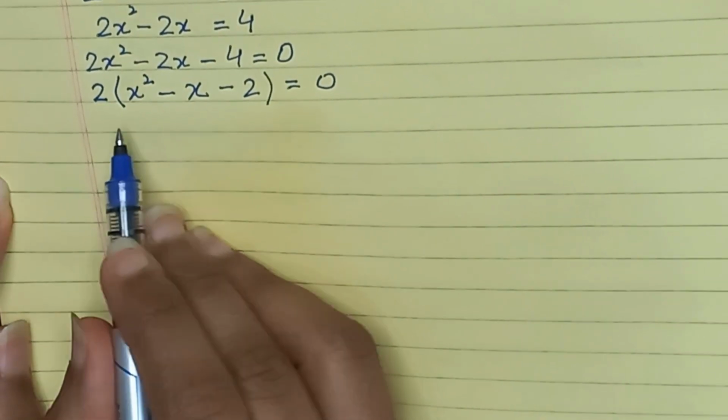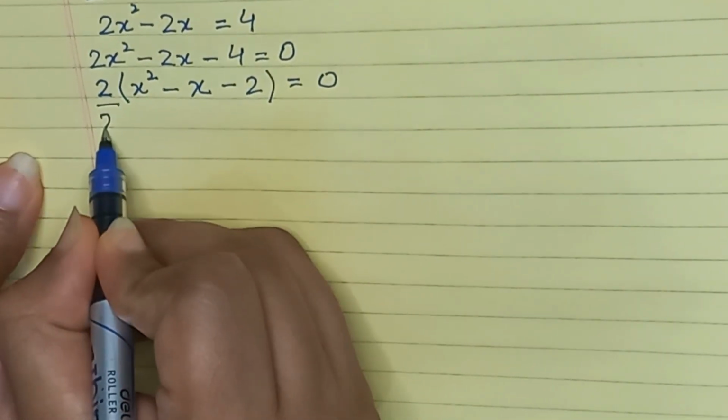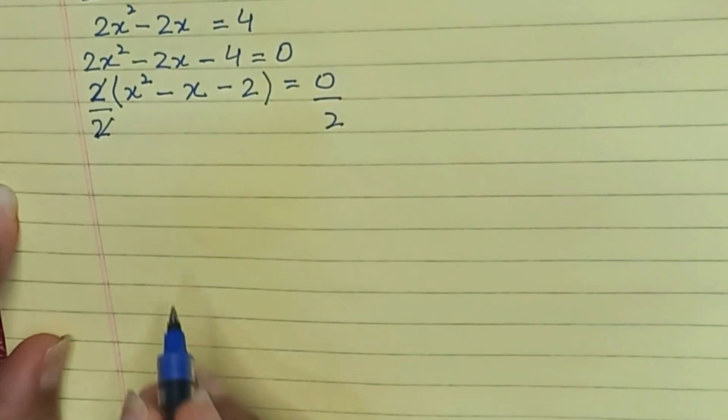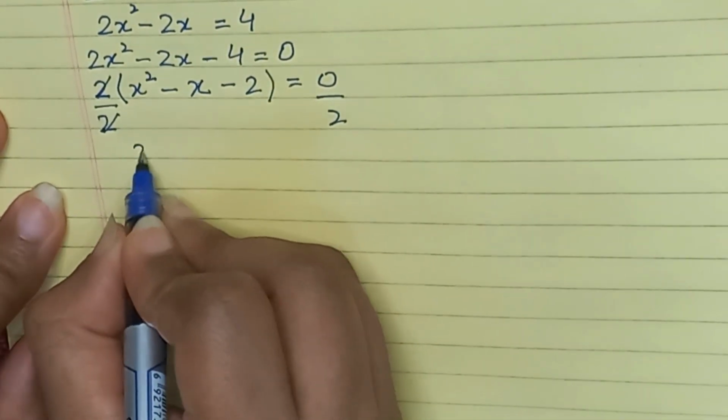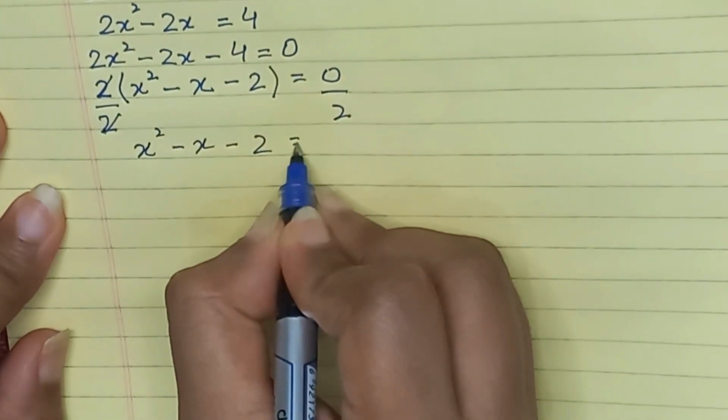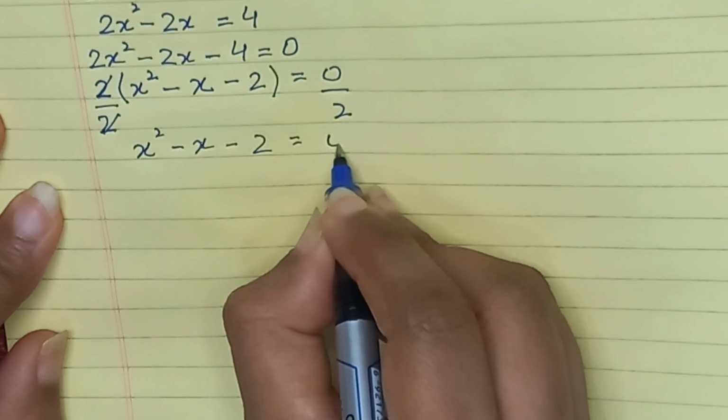So now we will divide by 2 on both sides. 2 and 2 will be cancelled out from here, and it will become x squared minus x minus 2 is equal to 0 divided by 2, which is equal to 0.